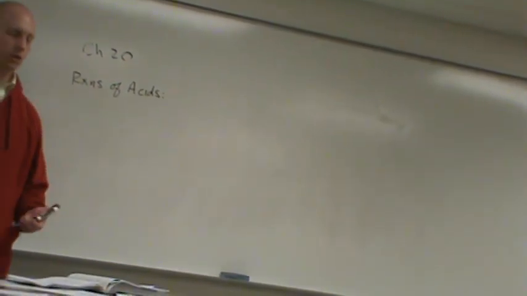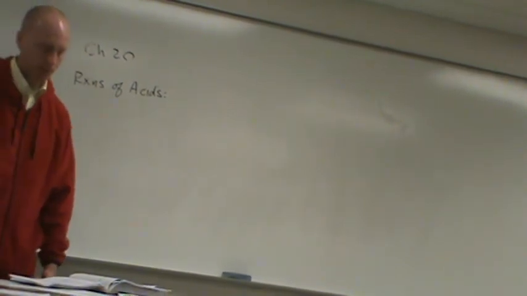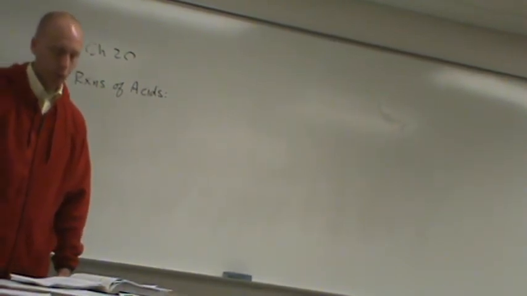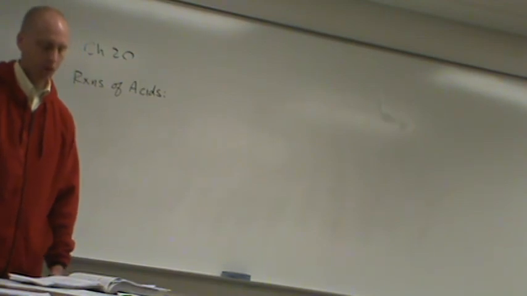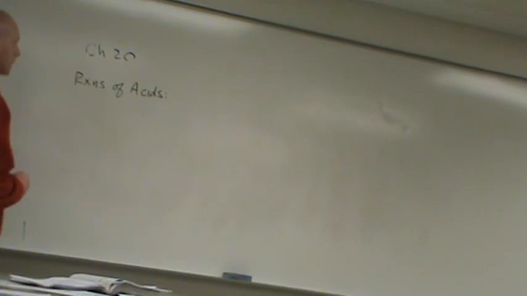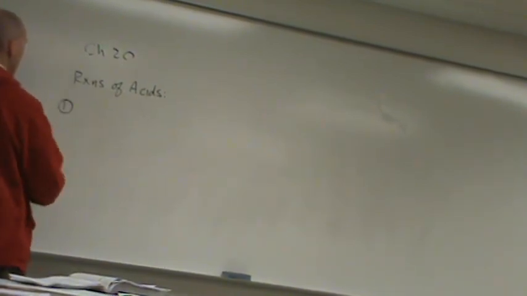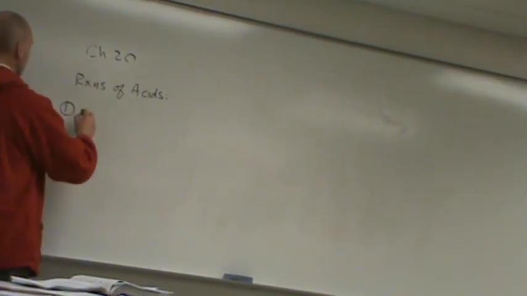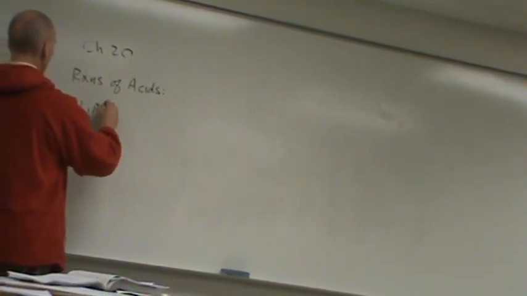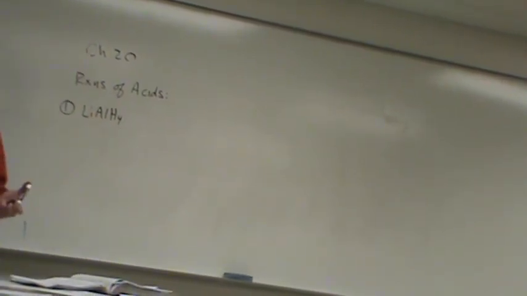So what kind of reactions can these things undergo? We'll just look at one today and look at some others next time. Let's look at one that will be very familiar to one of today's reactions. That will be the use of lithium aluminum hydride.